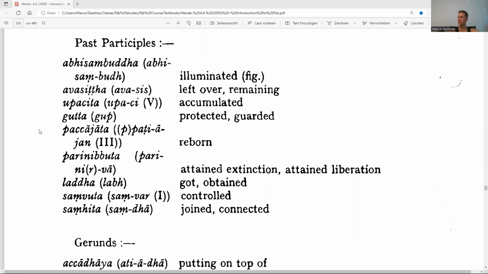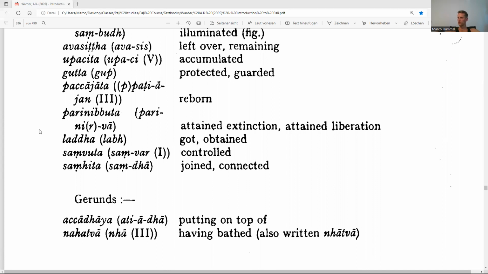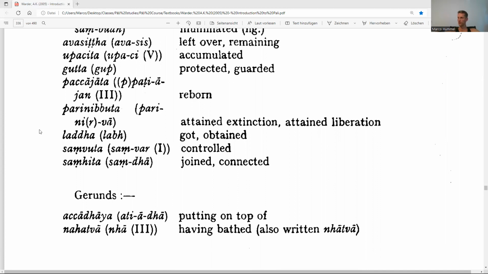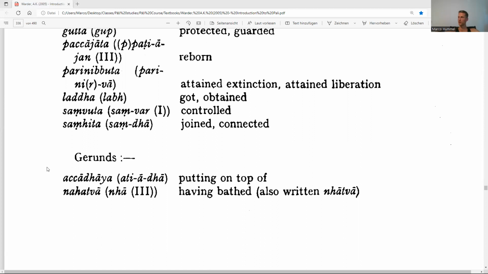Pajata, reborn. Parinibbuta, attained extinction or attained liberation, its respective noun being parinibbana, of course. Labbha, got, obtained. Sambuddha, controlled. Samhita, joined, connected.